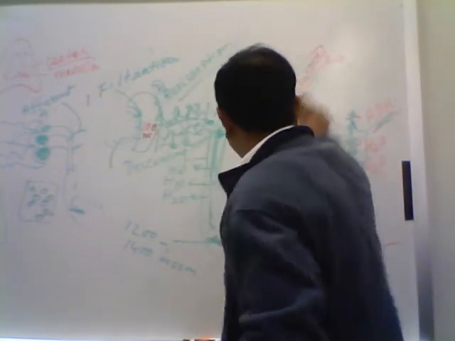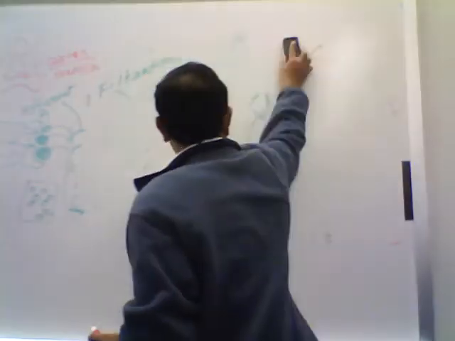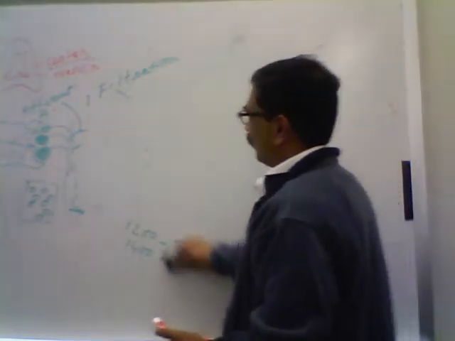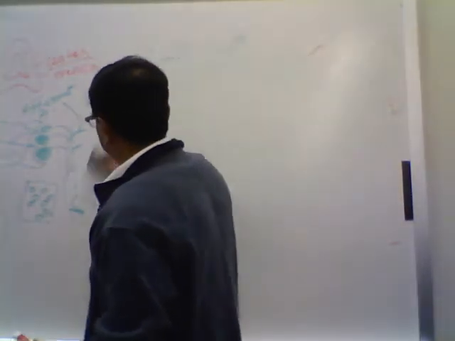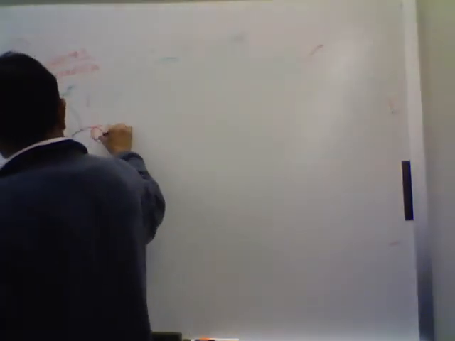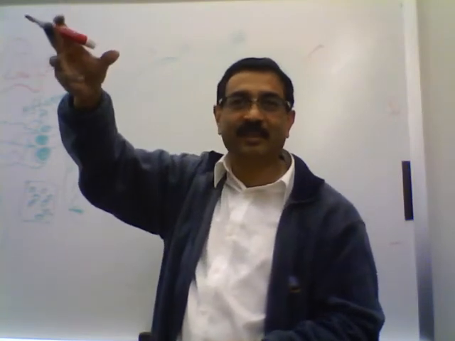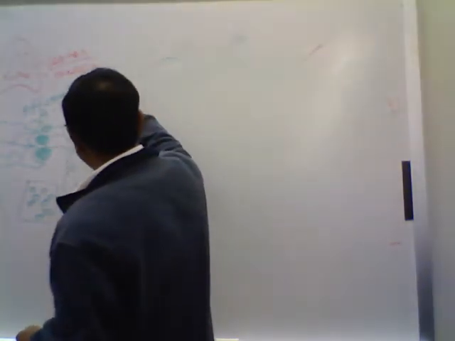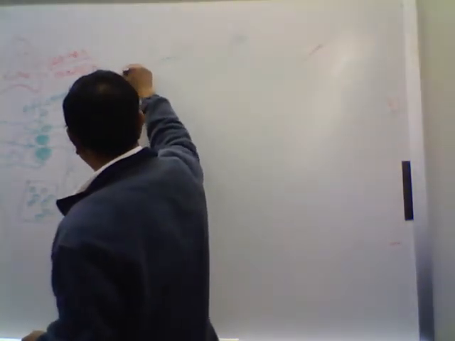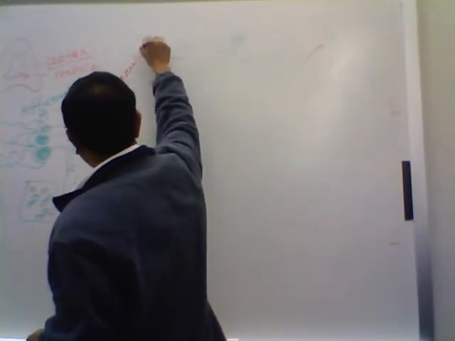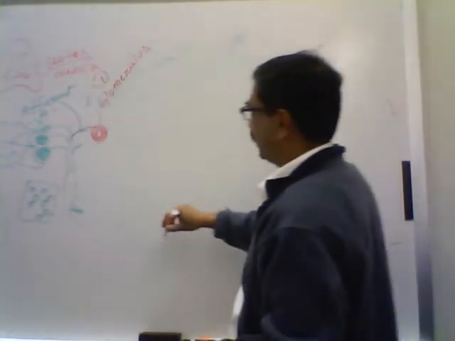You already have seen one. Okay, so this is the capillary structure, right? Ball of capillary. That is called what? Glomerulus. So this is one capillary structure.